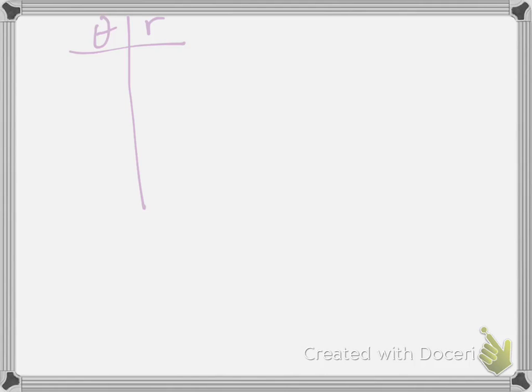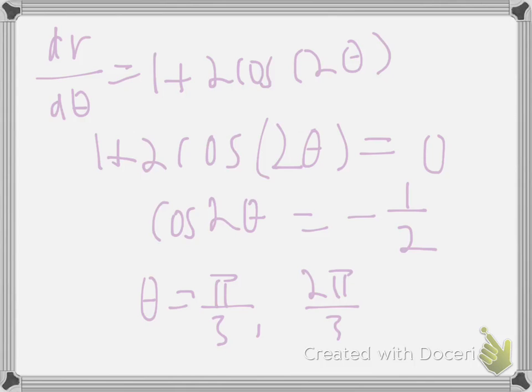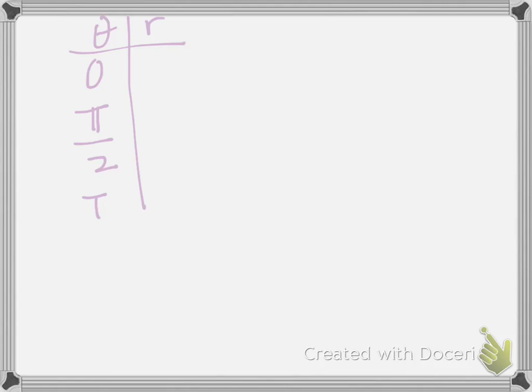We know what to put for the values of theta because we know the boundaries, which is 0 and pi over 2. And from the value we know before, we know that pi over 3 and 2 pi over 3 work. Pi over 3 and 2 pi over 3 will give you the same value, so we're just going to use pi over 3, and this will definitely lessen our work.